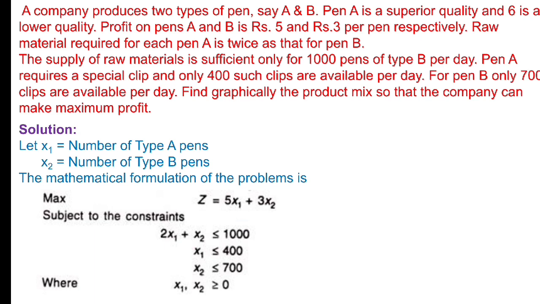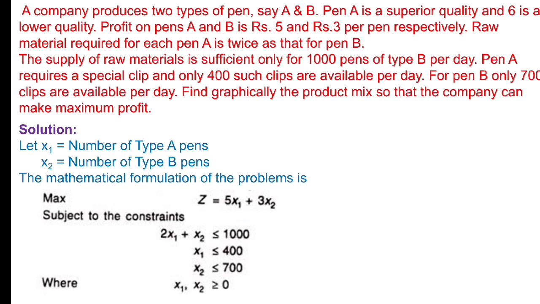First one: A requires twice the raw material and B only once. That is the reason twice x1 plus x2 is less than or equal to 1000. 1000 is the availability. For x1, the availability is 400. For x2, it is 700. Therefore, x1 comma x2 is greater than or equal to 0. That is the constraint condition that will be used.